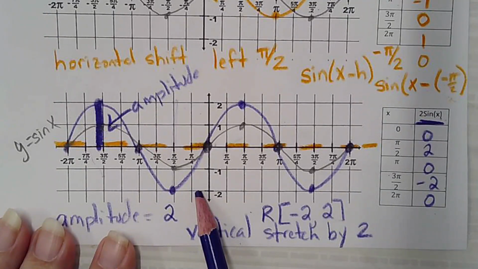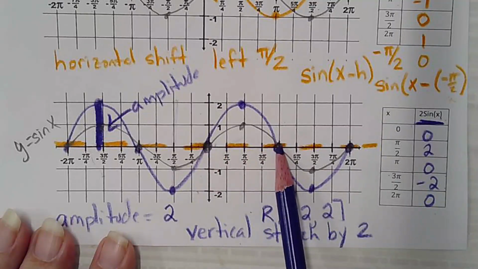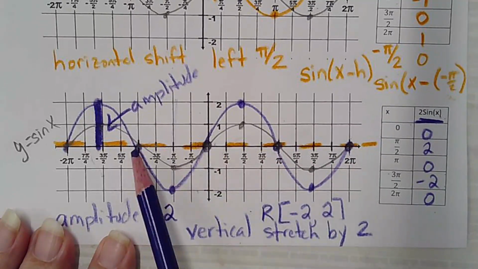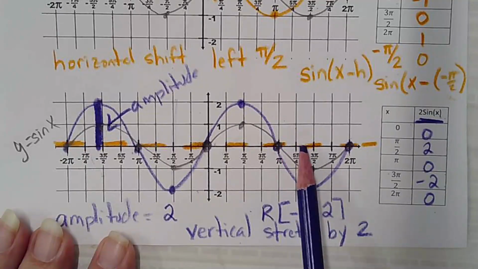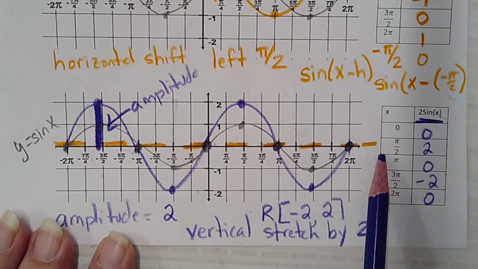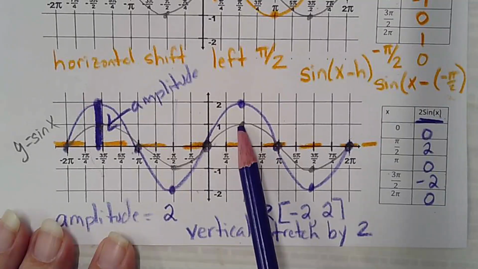The big thing is to notice what happens on the zeros. What happens when you multiply something by 0? It's still a 0. So these zeros are still in the same exact place. Do you notice that?